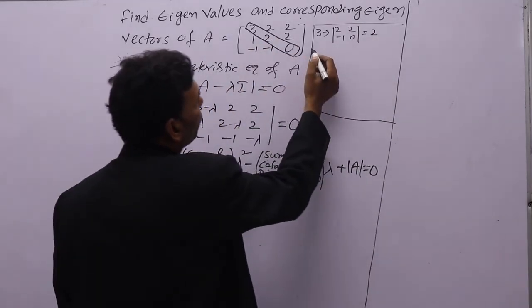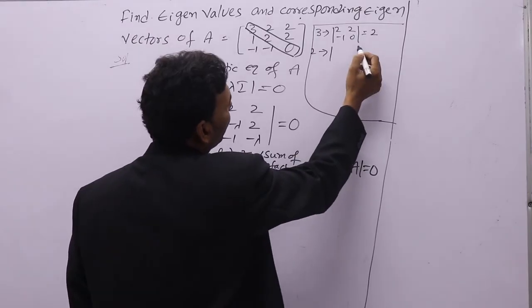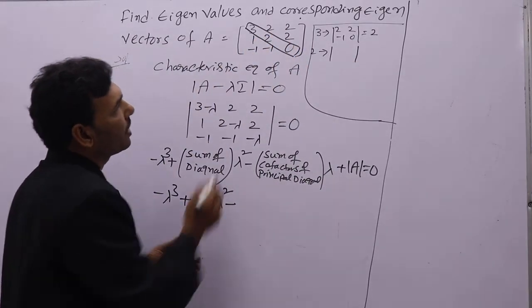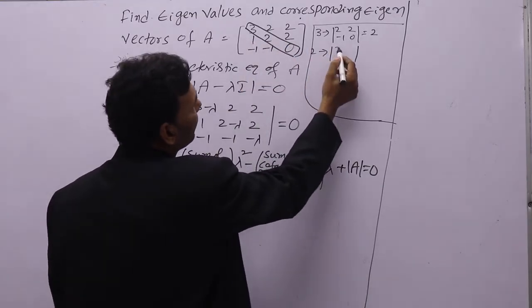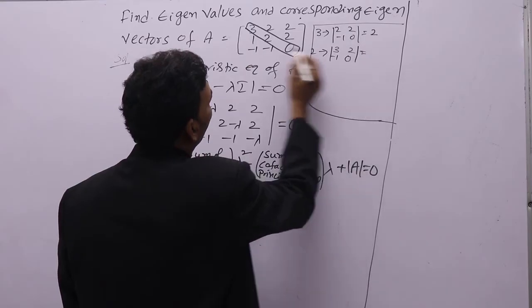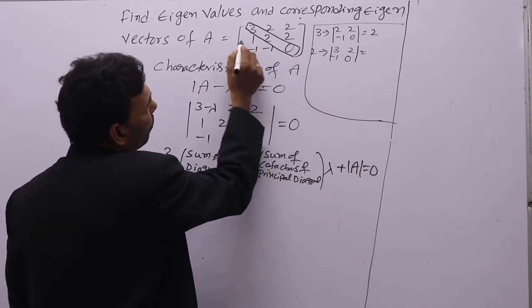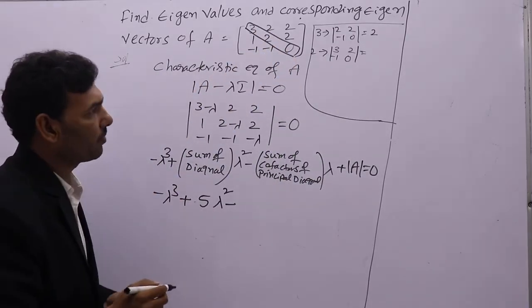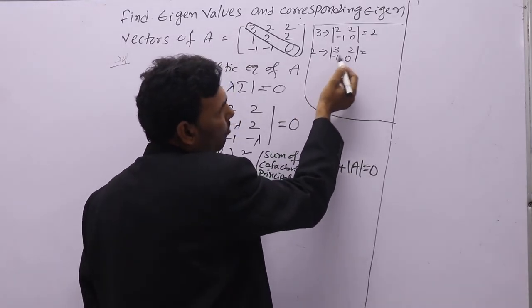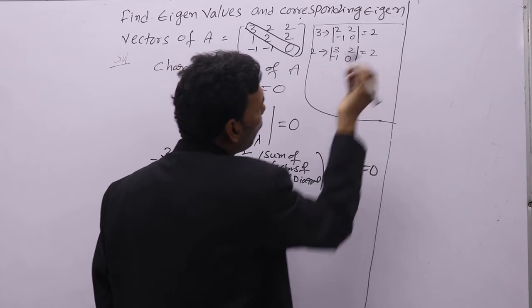Next for 2, the corresponding column and row are eliminated. The remaining elements are 3, 2, minus 1, 0. Second row, second column is eliminated. Now 3 into 0 is 0, minus into minus is plus, 2 only we will get.